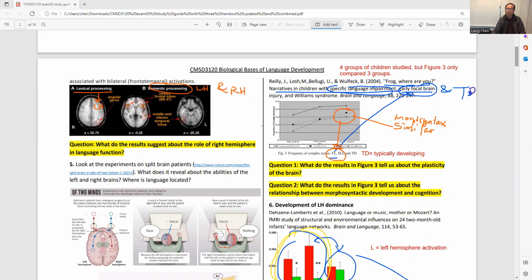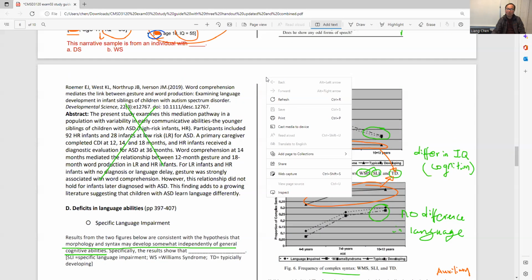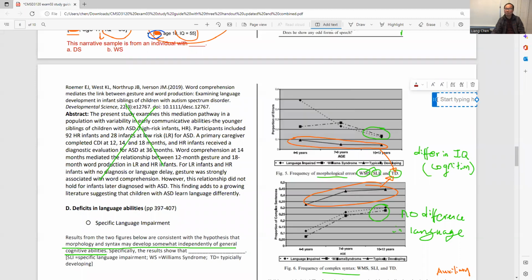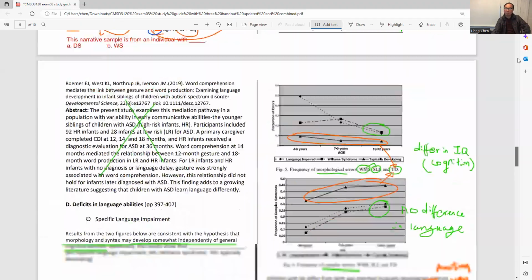I cannot copy it here. So anyway, that's from the study that you know.